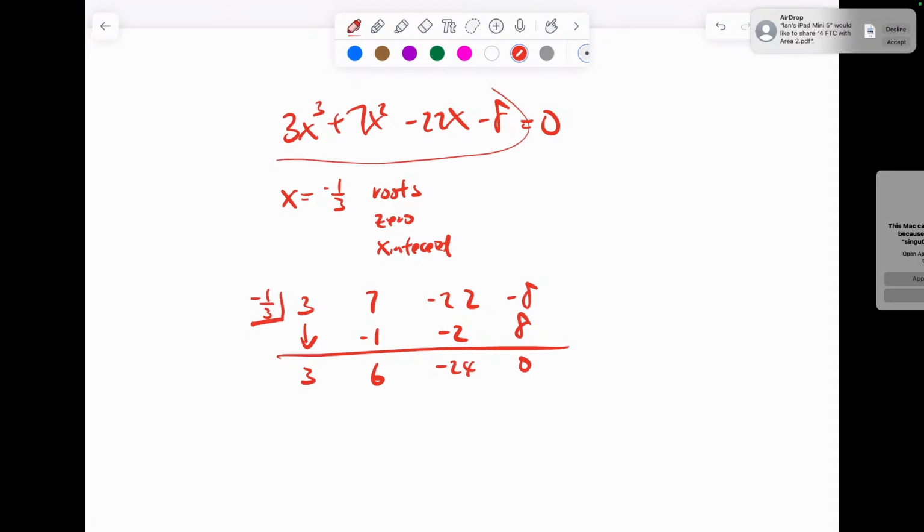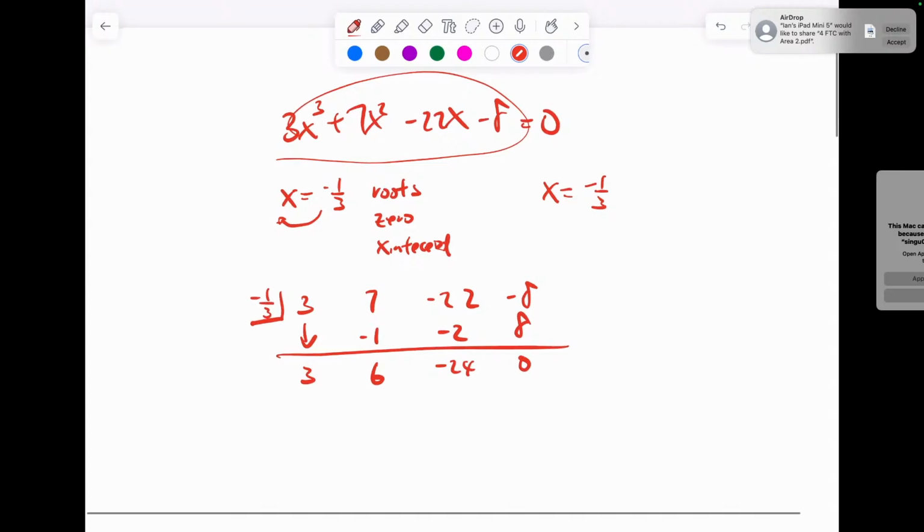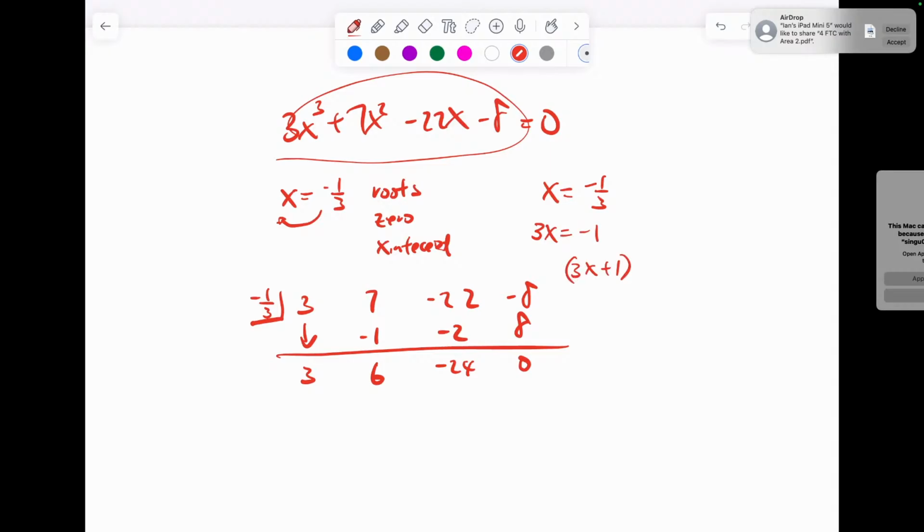if I take this function and divide it by x plus 1/3, why do I know that? Because if I move this to the other side, it will be 3x equal to -1. Is that okay? Imagine you have x equal to -1/3 and you want to find out what factor it is. Roger, pay attention. If you move this 3 to the other side, this becomes 3x equal to -1, and 3x plus 1 actually becomes a factor.